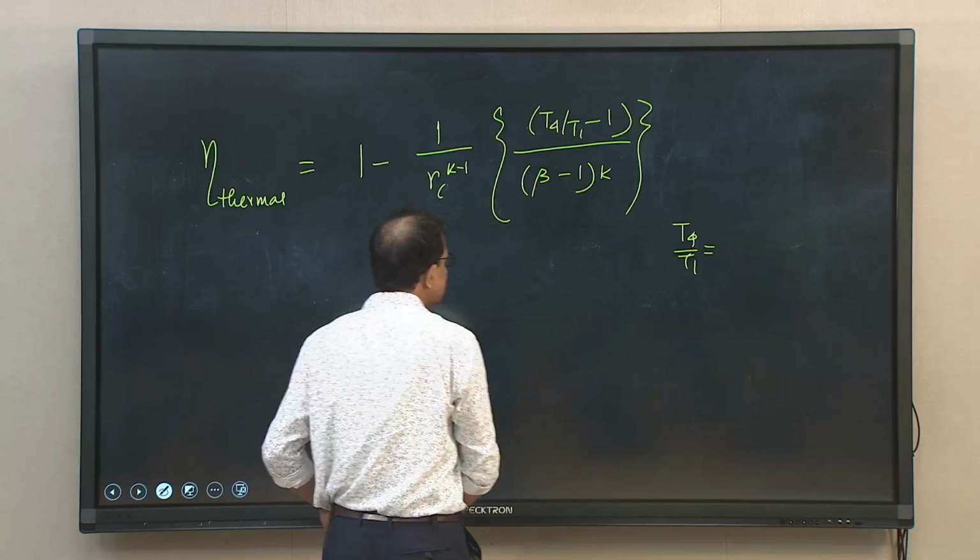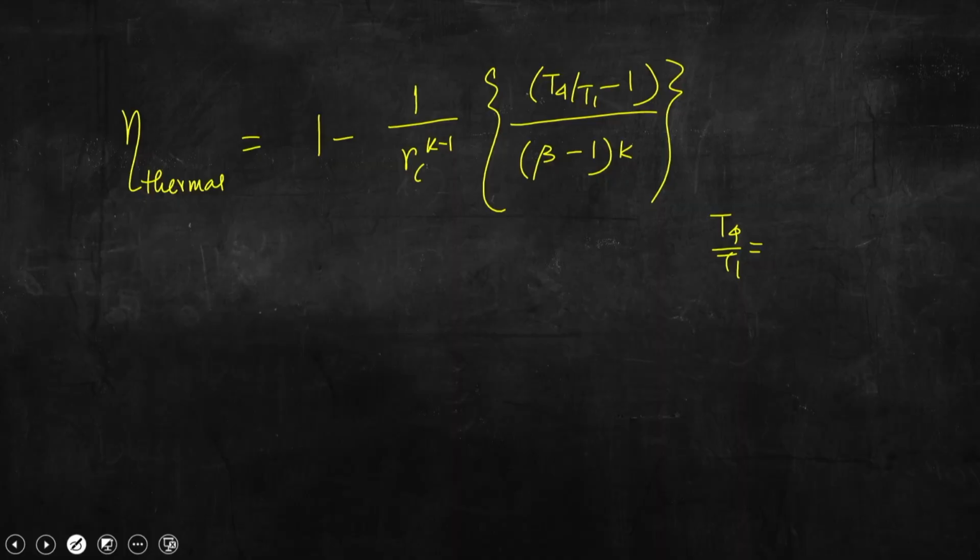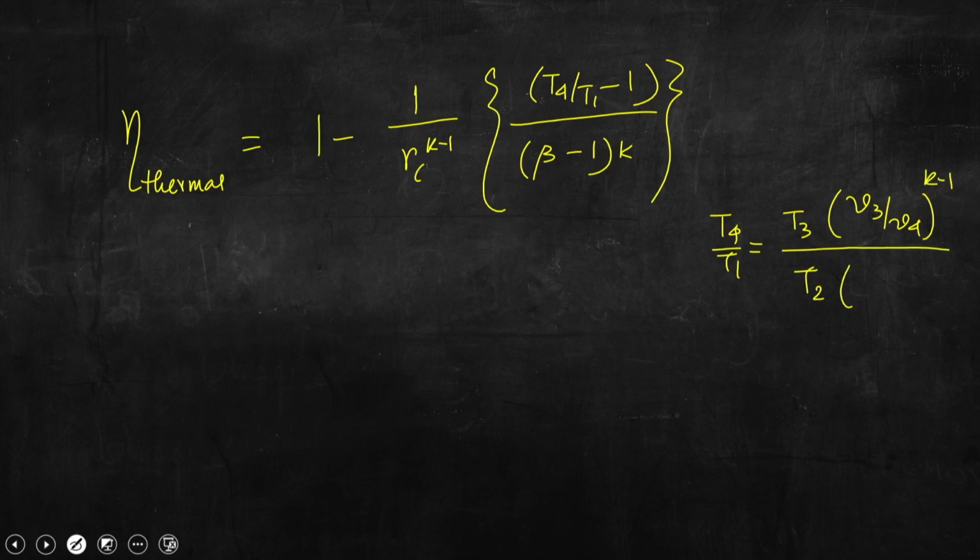So, if we write here, T4 is equal to how much? T4 is equal to T3 into (V3/V4)^(k-1), divided by T2 into (V2/V1)^(k-1).